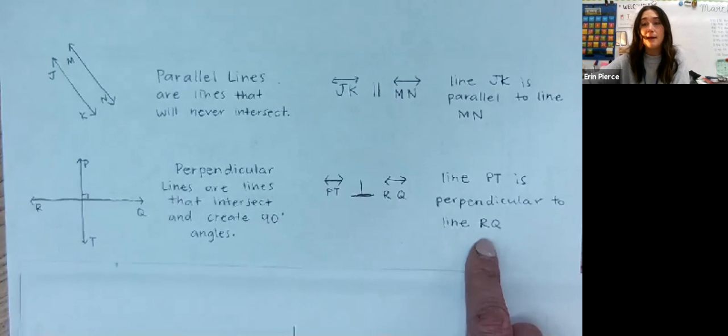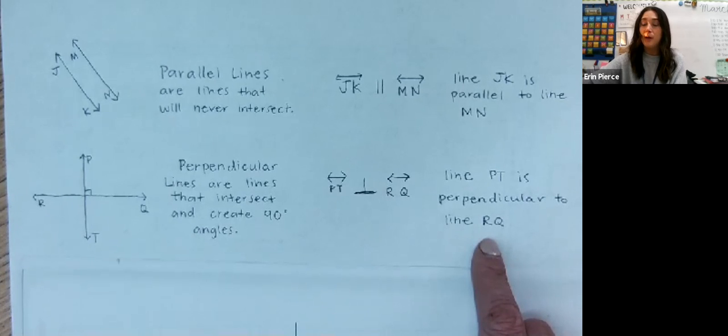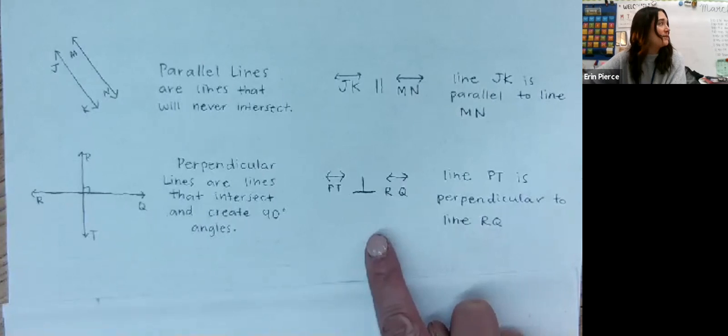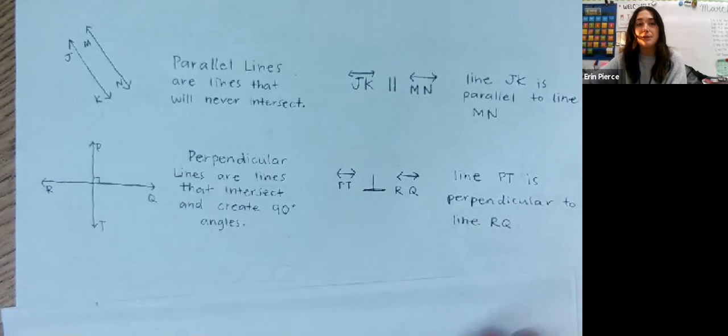And if you're having a hard time spelling perpendicular, it is P-E-R-P-E-N-D-I-C-U-L-A-R. I also have a new anchor chart that is up on my chart paper at the front of the room underneath the flag with the same exact notation to help you with today's lesson. But keep this paper out on your desk.